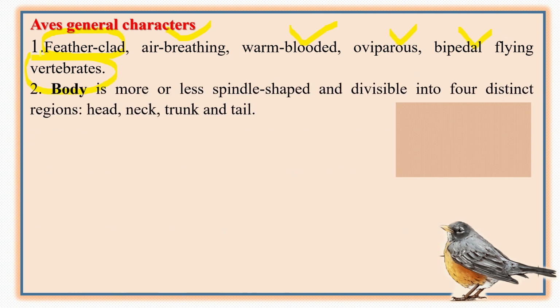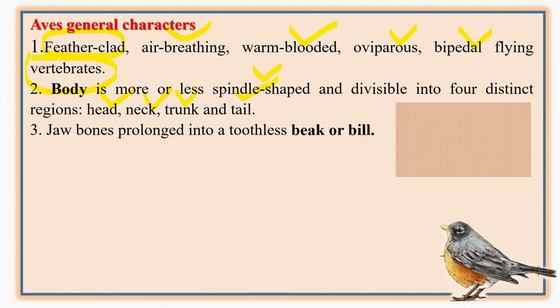Body is more or less spindle shaped and divisible into four distinct regions: head, neck, trunk, and tail. Jaw bones are prolonged into a toothless beak or bill.